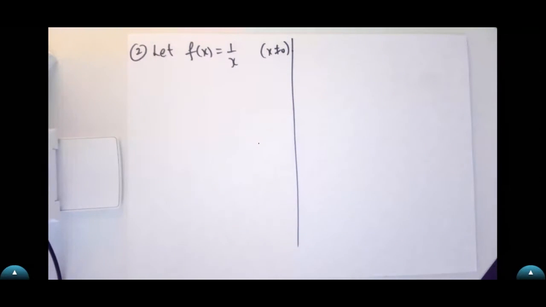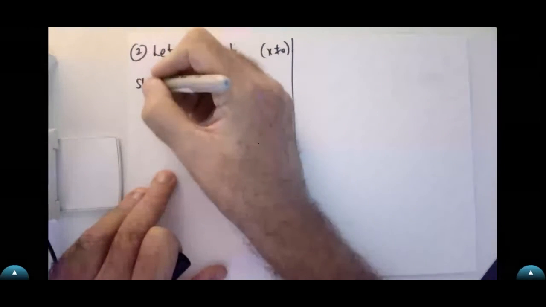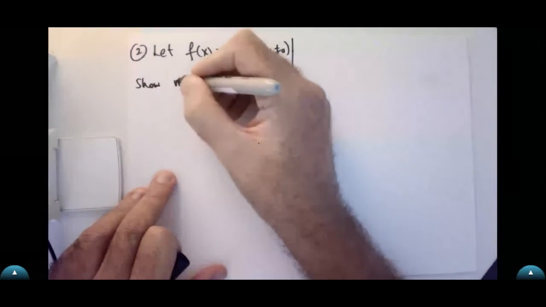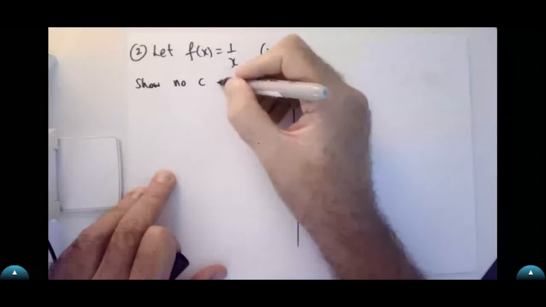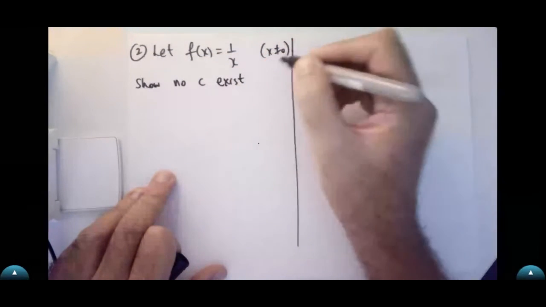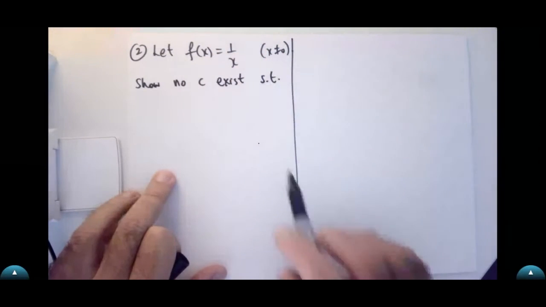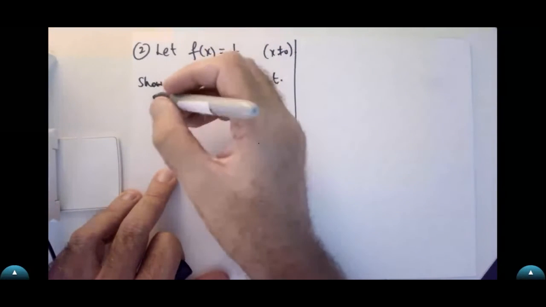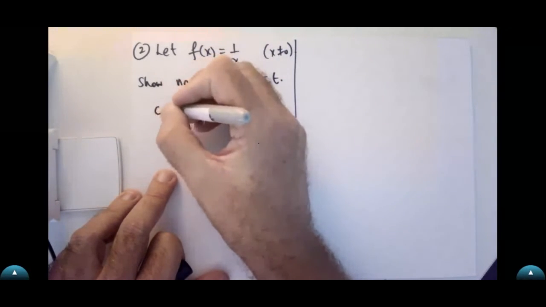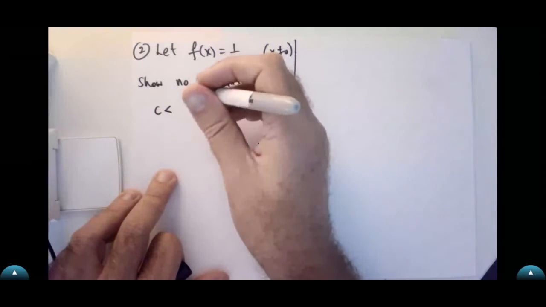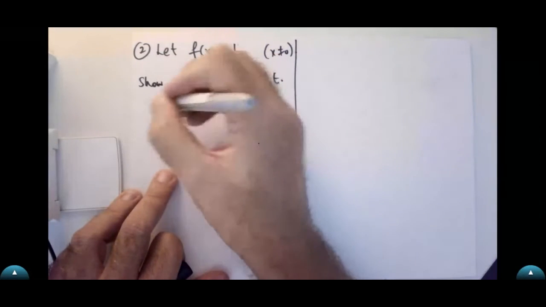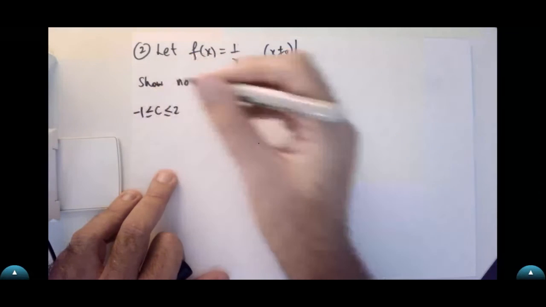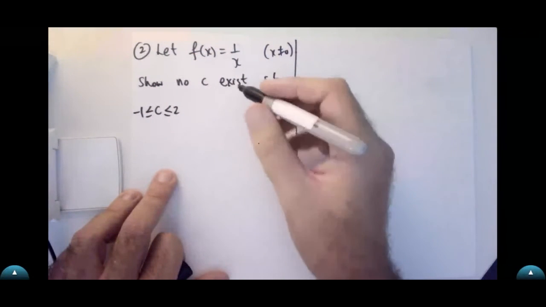And the question is, show no C exists such that, ST is short for such that, I guess it's here, right? This is the way they've done it.